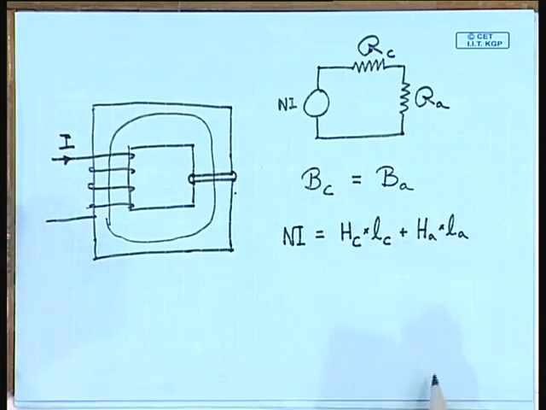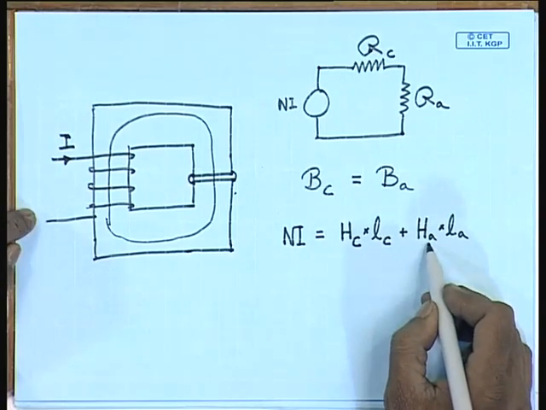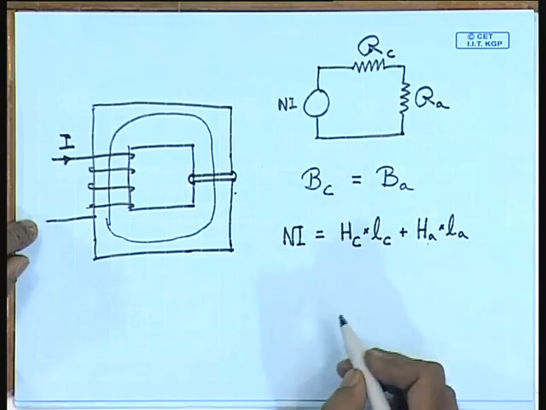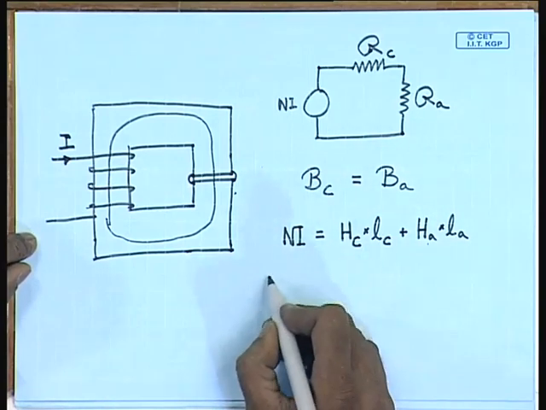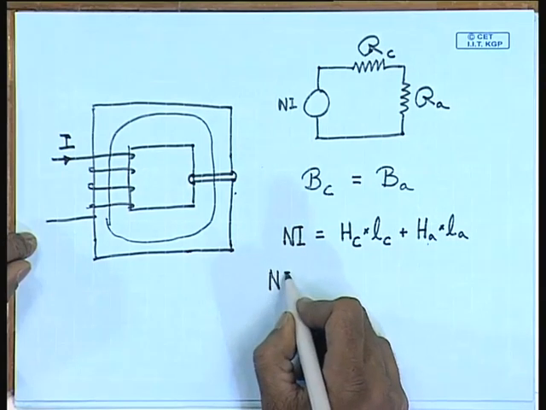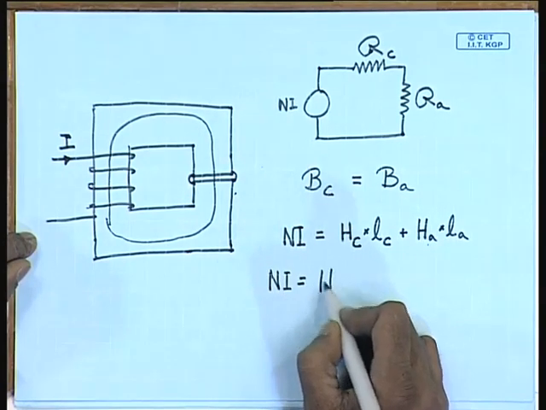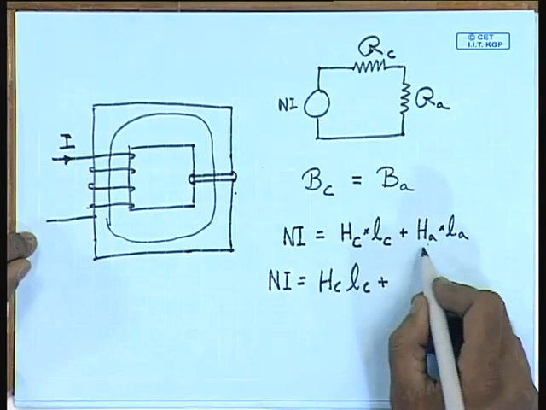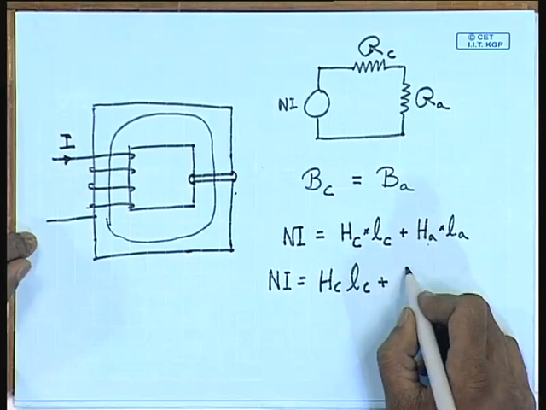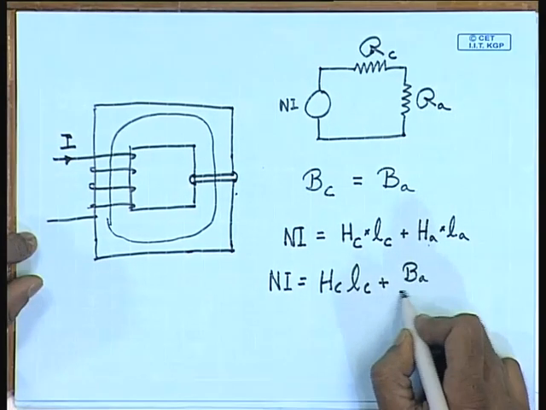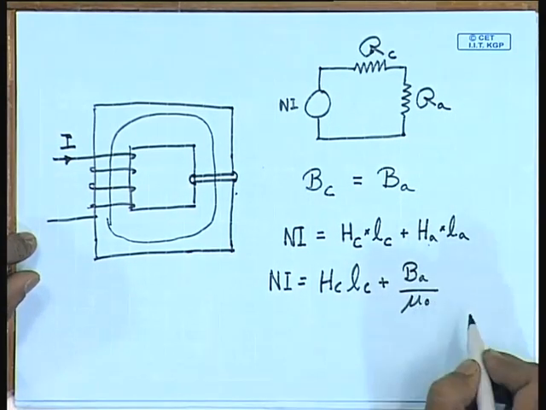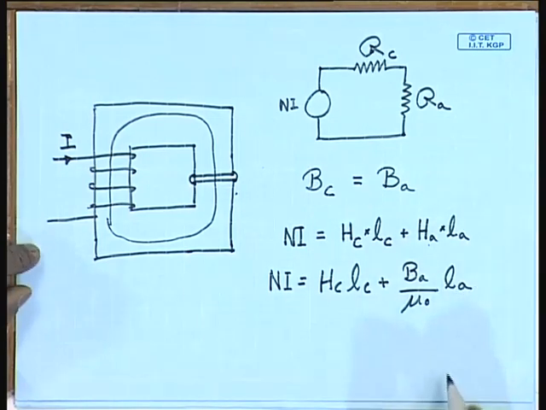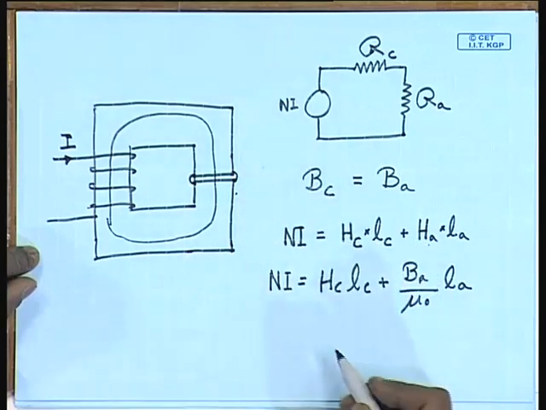But the relationship between field intensity in the air gap and the flux density is constant. Therefore, Ni equal to Hc into Lc plus H, which is equal to B air by mu naught, since mu r for air gap is 1, into La, but Ba is equal to Bc.